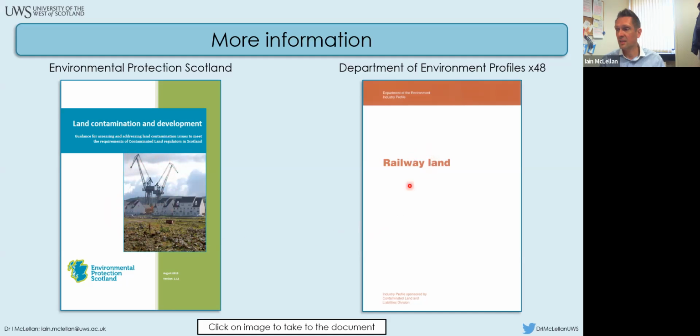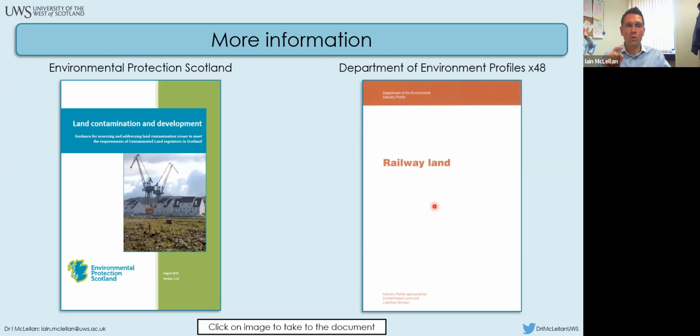And then this here, we no longer have a Department of Environment, but when it existed, they produced these industry profiles. I think there's 40-ish of them. And this one here, for instance, would tell you all the activities that would happen on a railway land. So a depot, sidings, and the associated contamination likely to be found with each of those activities.